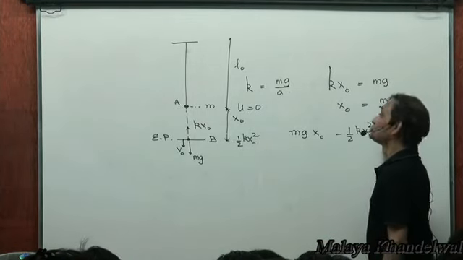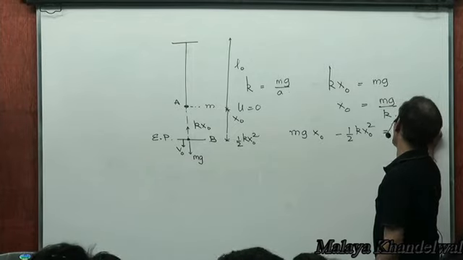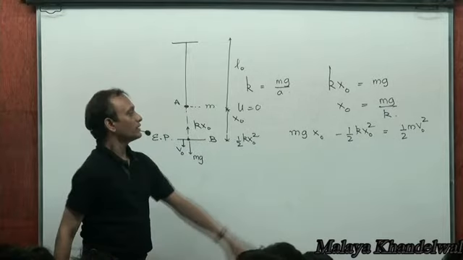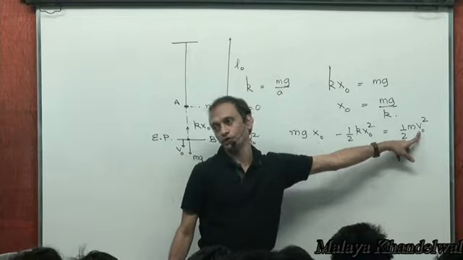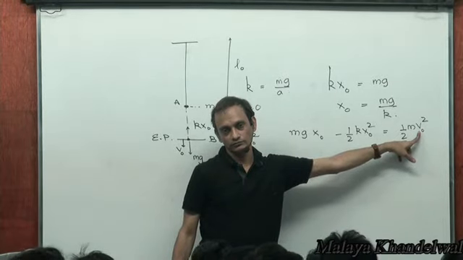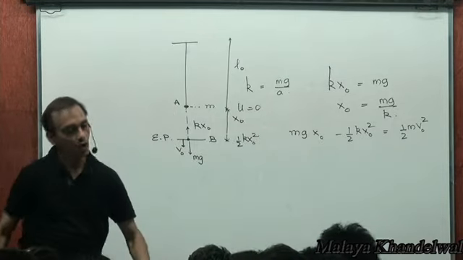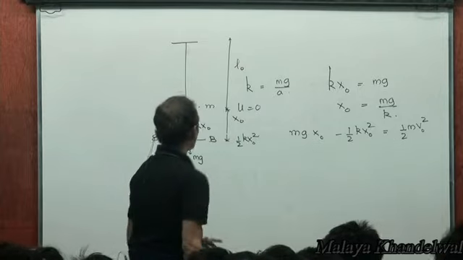And that must be the change of kinetic energy. It started from rest, so the change in kinetic energy is half m v naught squared. You can plug in x naught equal to mg by k and solve for v naught. Does this sound fair? Comprehensible? Very good.